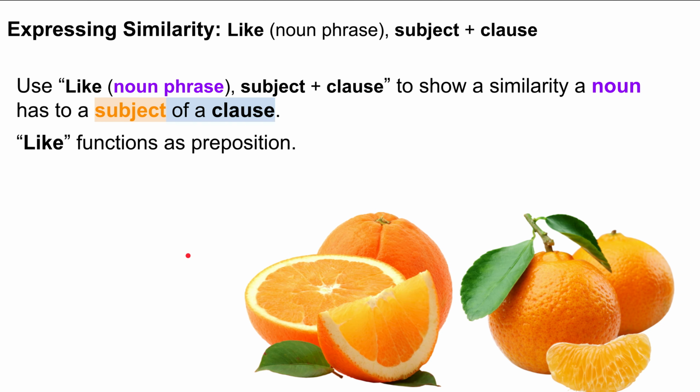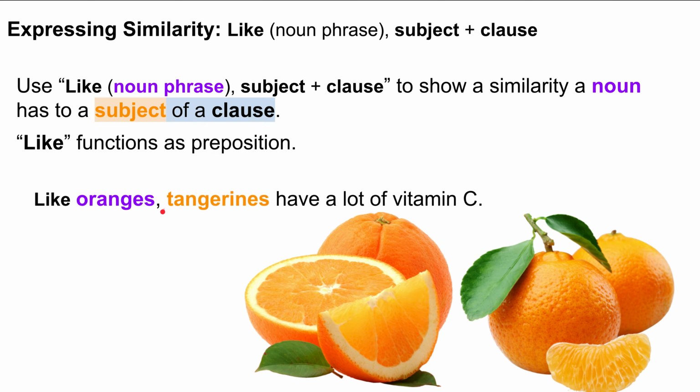Moving on now, use like, noun phrase, subject plus clause to show similarity that a noun has to a subject of a clause. Keep in mind that like functions here as a preposition. Okay, so it only accepts noun phrases. So for example, like oranges, comma, tangerines have a lot of vitamin C. Okay, here, like oranges, noun phrase, tangerines, my subject, and again, please use a comma.